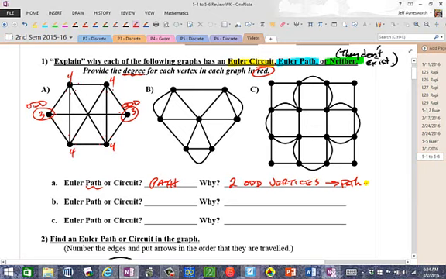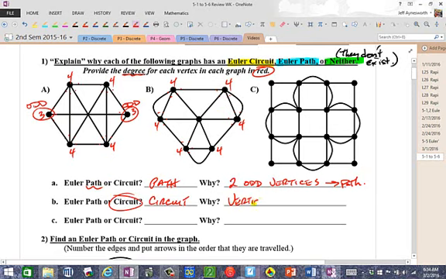All right, so you're going to look at the degrees. Over here, 1, 2, 3, 4. They're so far even. 1, 2, 3, 4. They're all even. So that tells me that on this one here we have a circuit. So let's indicate that. The vertices are all even.